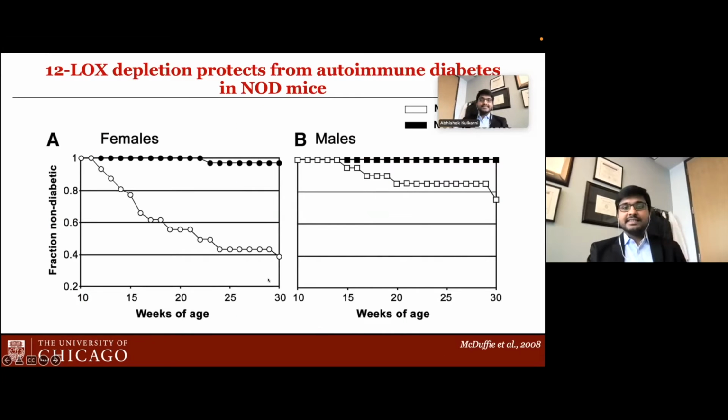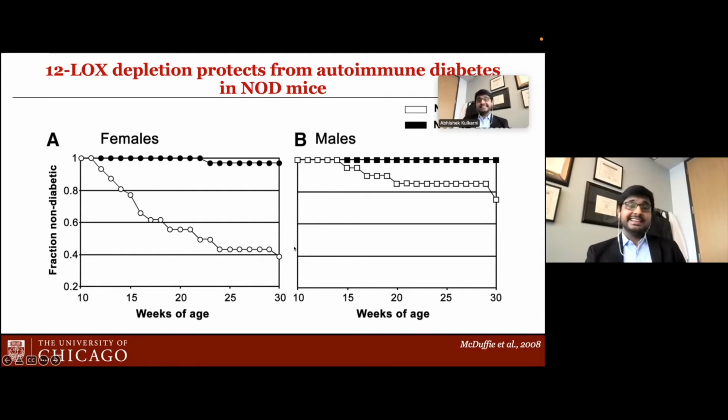The NOD mice are known to develop spontaneous diabetes, and that is characterized by insulitis, or immune cell infiltration to destroy the islets, a characteristic similar to what happens in human type 1 diabetes. So what we have shown earlier is that depletion of 12-LOX, a whole body deletion of 12-LOX, is shown to protect these mice, both males and females, from diabetes development.